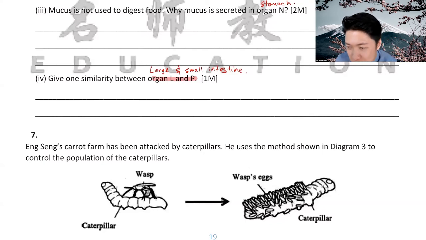They both can digest. No, actually, the large intestine doesn't digest the food. They are organs in the digestive system. No, okay, not that kind. Absorption. Quite close, actually, I would think. Absorption, is that all right? Okay, let me think about it.